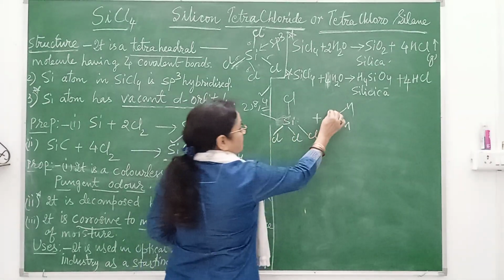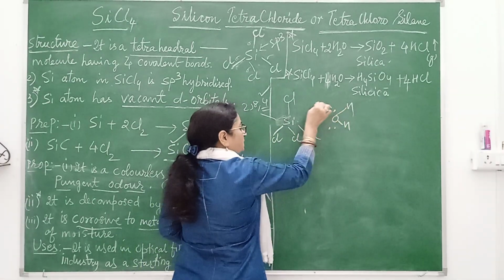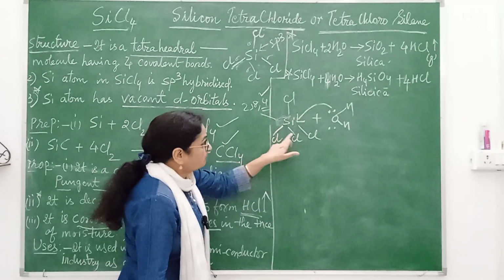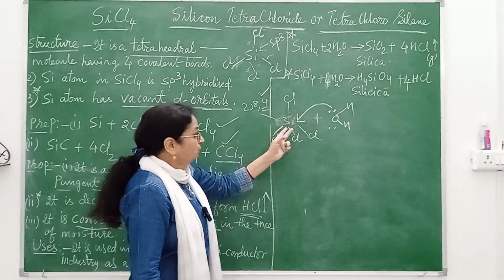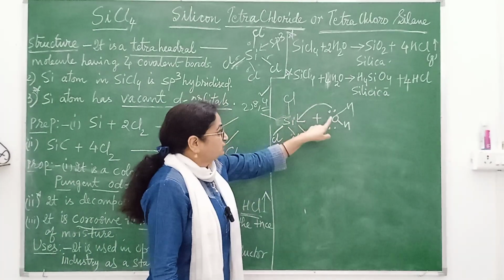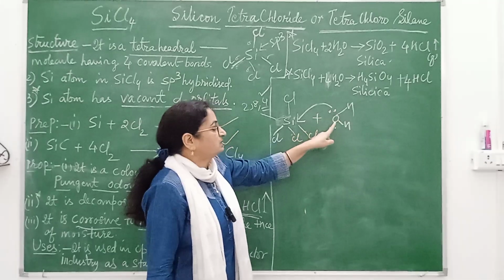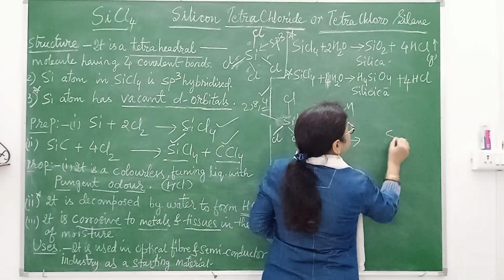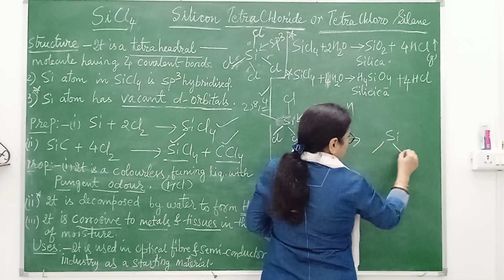So what happens? This oxygen atom donates its lone pair to the silicon atom. The old bonds are not broken here. Due to the available d orbitals, it is in a position to accept the lone pairs given by oxygen. So what happens? Now see the structure, silicon, 1, 2, 3.